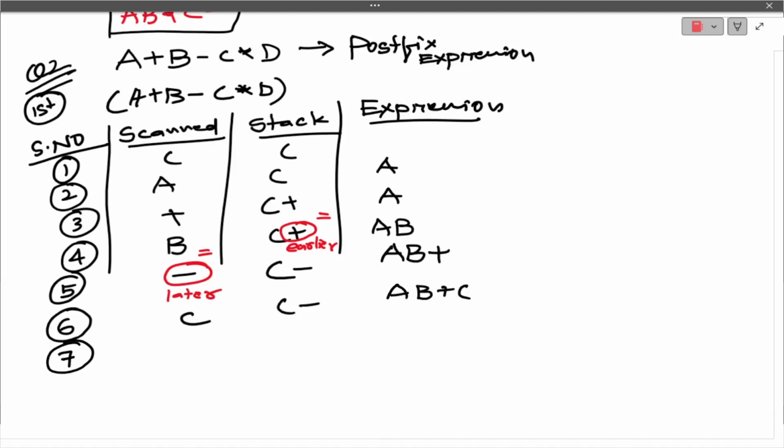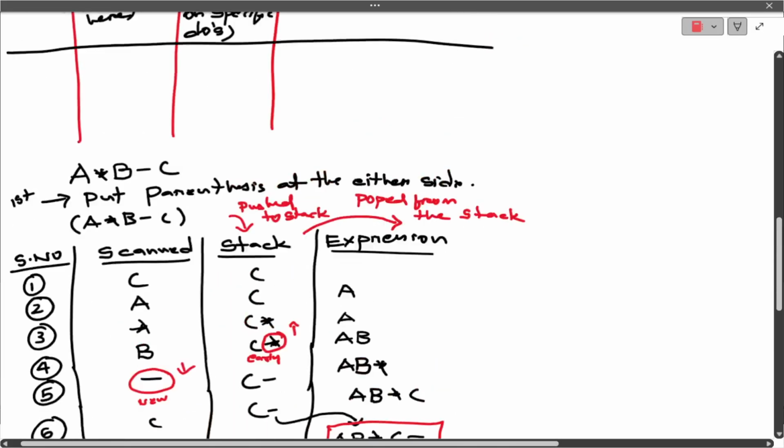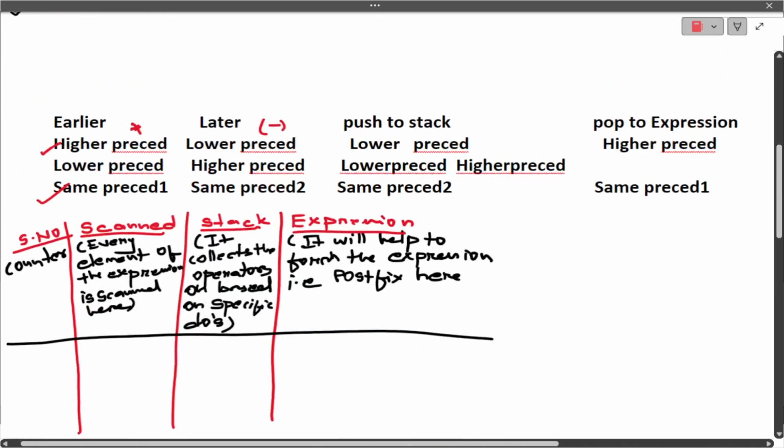Now number 7, I have another operator, that is asterisk. Let us follow that particular table. Here this is my lower precedence, in my earlier part, and this is my higher precedence, in my later part. Lower precedence earlier, higher precedence later.